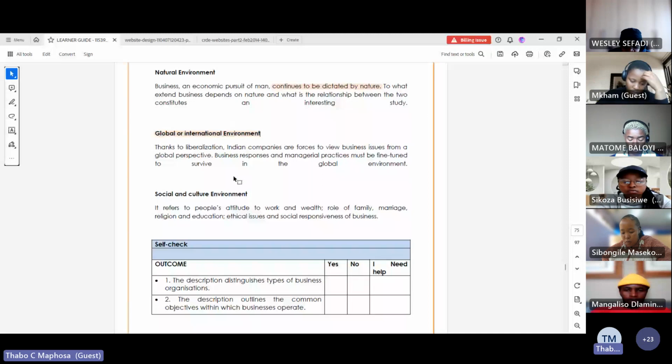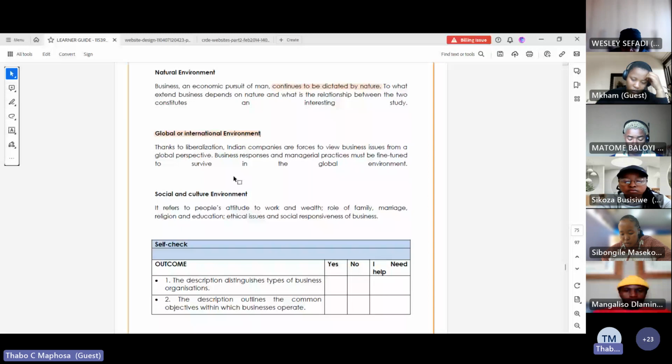As much as it might benefit the general population, it actually kills the business side of the country. Because now the business environment becomes more global than local. So you start depending more on the things that are coming from outside than inside, which inadvertently affects us in the end.